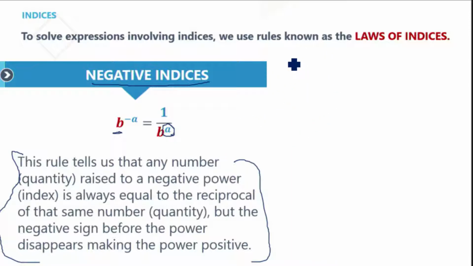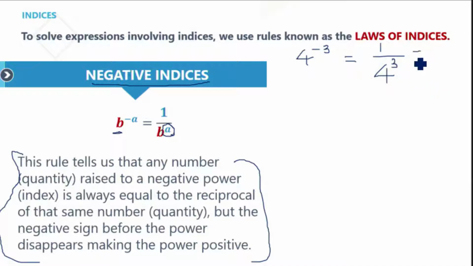All right, let's look at 4 raised to a negative index, minus 3. It's the same thing as, according to the rule on negative indices, we take the reciprocal of this 4 raised to power minus 3. So it's going to be 1 over the number 4, raised to the same power, but the negative sign disappears.